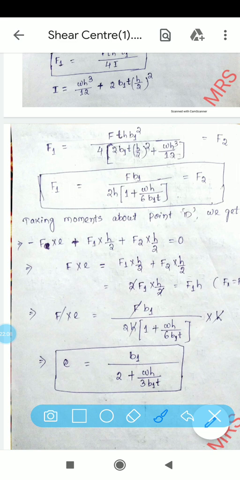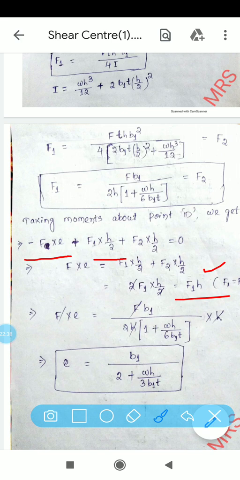So minus F into E, this one is your anticlockwise moment. F1 into h by 2, h by 2 is your distance. Similarly plus F2 into h by 2. So F into E is equal to F1 into h by 2 plus F2 into h by 2, that is 2 F1 into h by 2. So the 2 cancels, and F into E is equal to F1 into h.